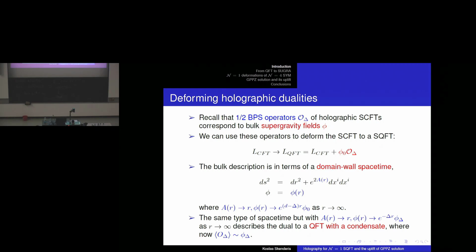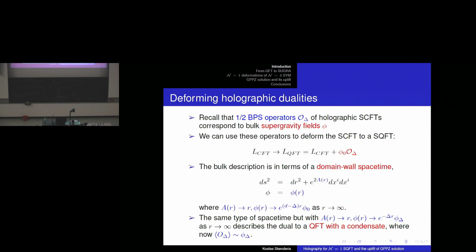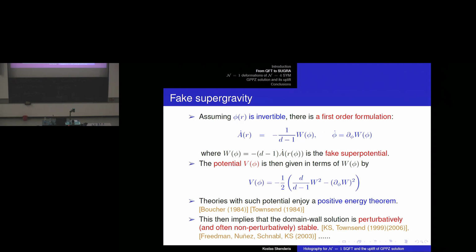players. Now, before I continue with the construction, let me also remind you the framework of fake supergravity. So if it turns out that we have solutions of that form that have the property that the scalar field here is invertible, then this automatically implies that there is a first-order formulation given by these two equations, where this W here is a so-called fake superpotential.